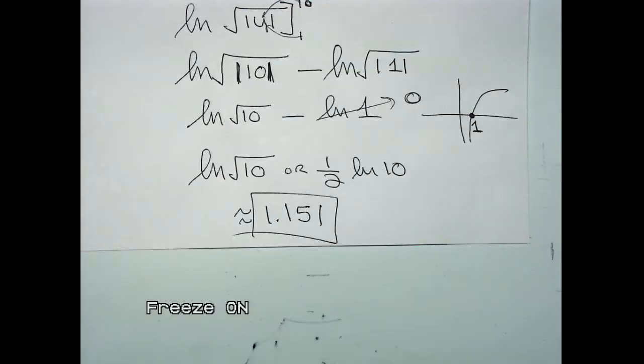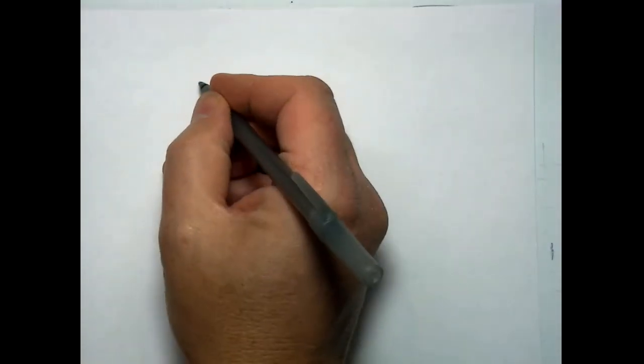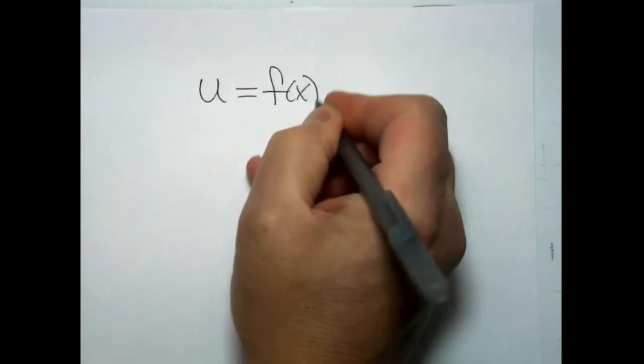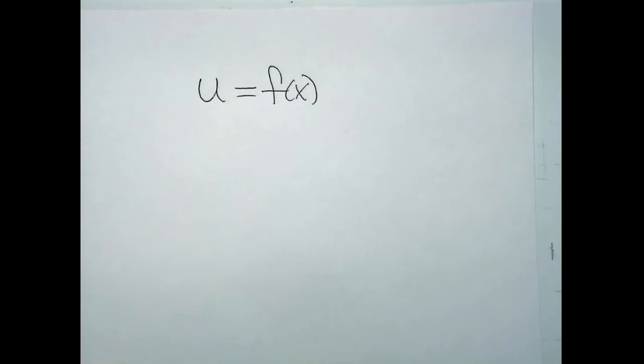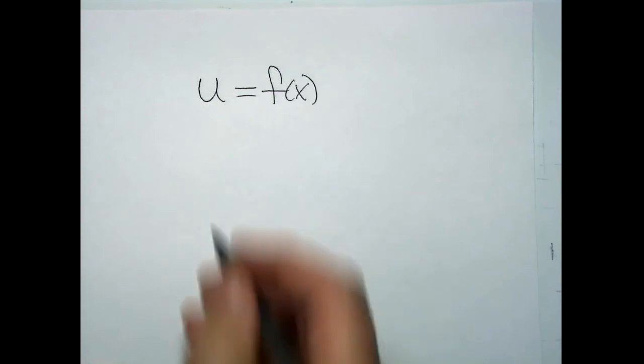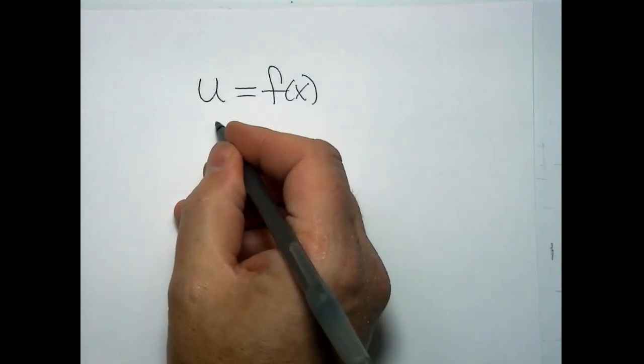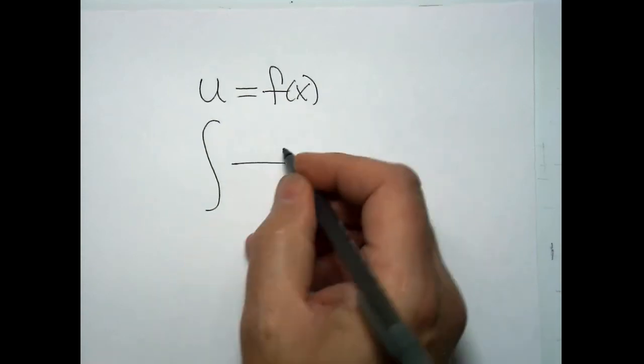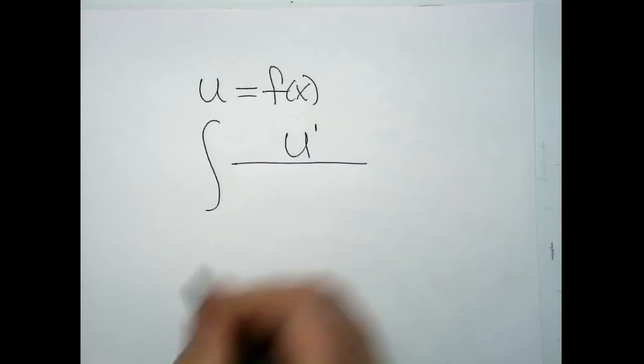I also want you to know how to do the problem another way, and that is pure pattern recognition. It turns out that if u is a function of x, what you want to see on top is u prime.